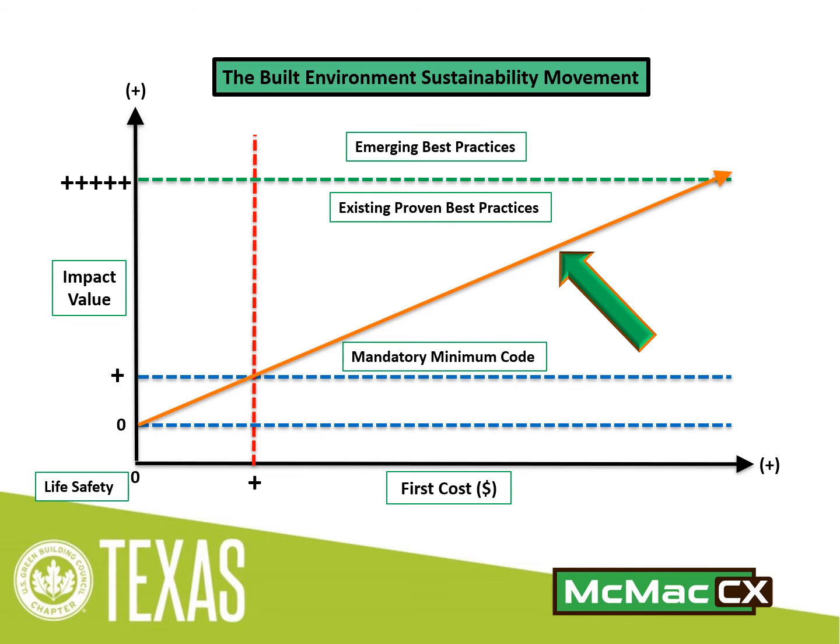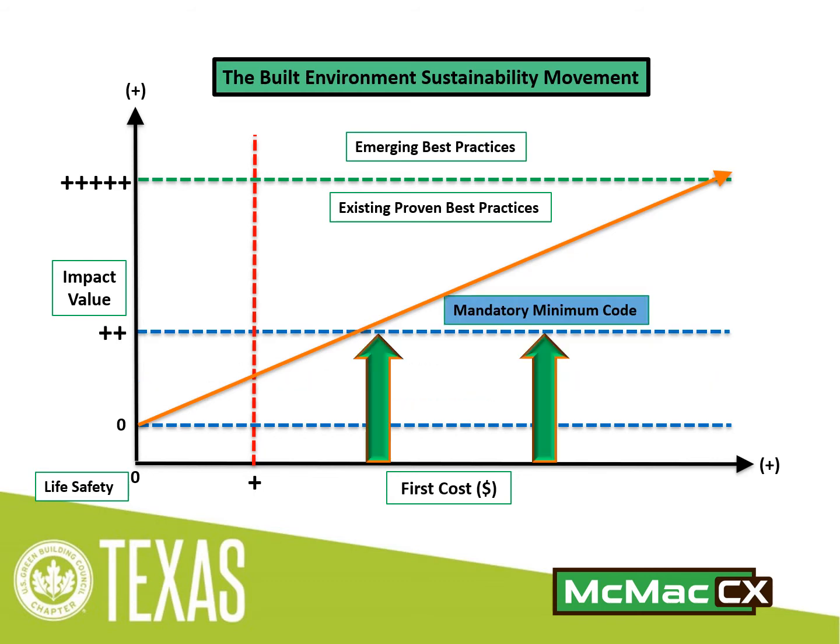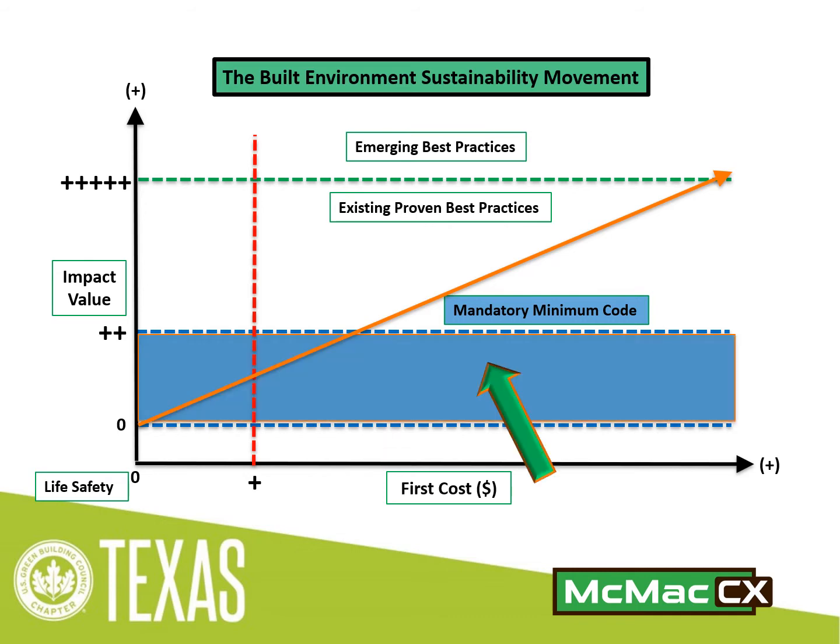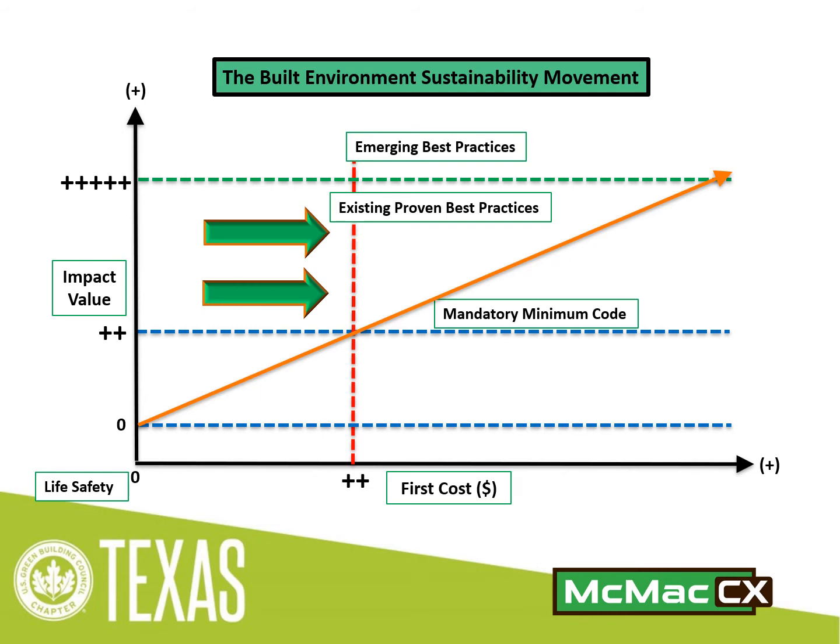This line represents the imagined trajectory of first cost as we attempt to achieve the benefits of existing proven best practices. The story goes that as we raise mandatory minimum codes to achieve the impact value of existing proven best practices, first costs will follow this anticipated trajectory to achieve the impacts.